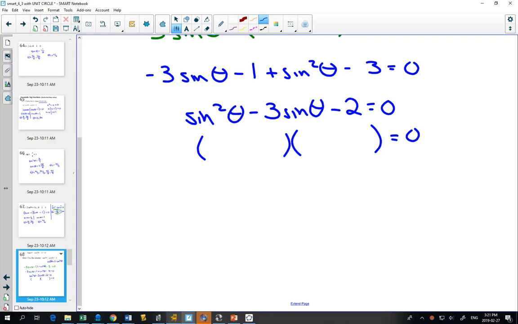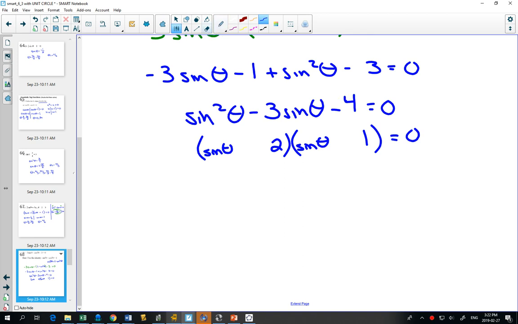Well, if it does, the only way I can get sine squared is if it was sine and sine. And to multiply to get 2, I would need to get 2 and 1. Oh, did I make a mental math error? Did anybody notice it? Okay. It should be negative 4. Minus 1 minus 3 is minus 4.